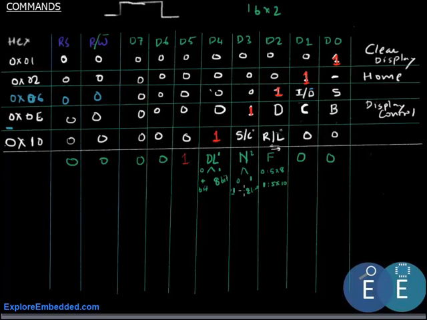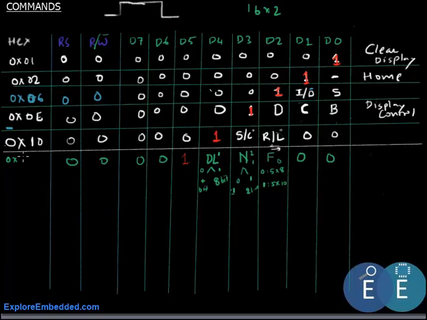So this number of lines would be 1, and we would go with the default font size, which is 0.